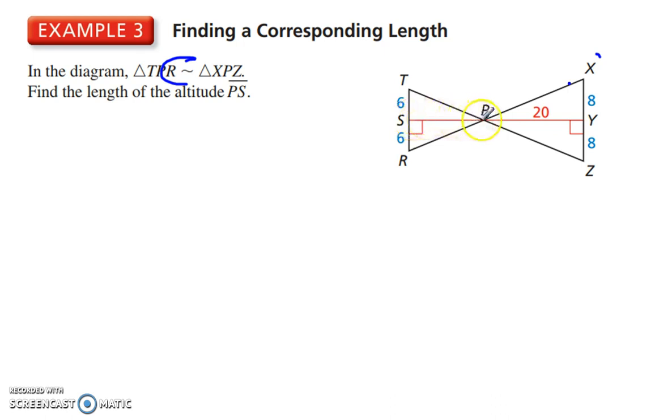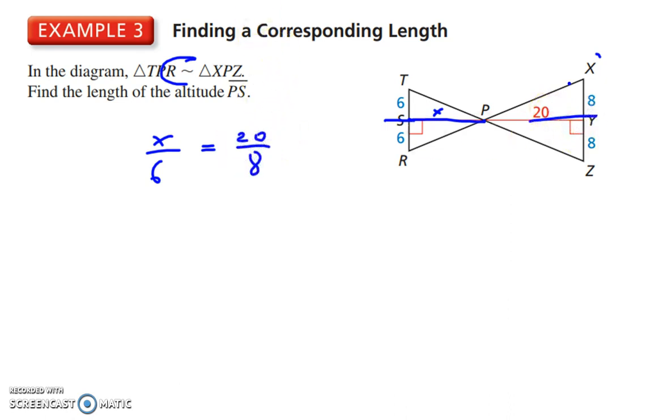The altitude goes from the vertex in a right angle to the base. So this is what we're looking for. I'll call that x. Alright, and so now I have my little fraction set up: x to 6 is equal to 20 to 8.